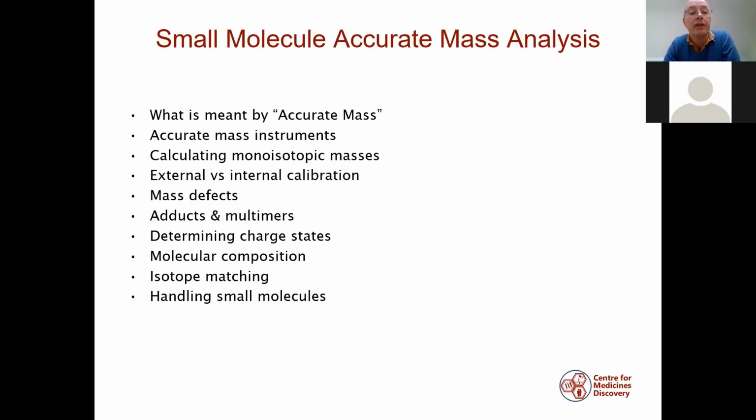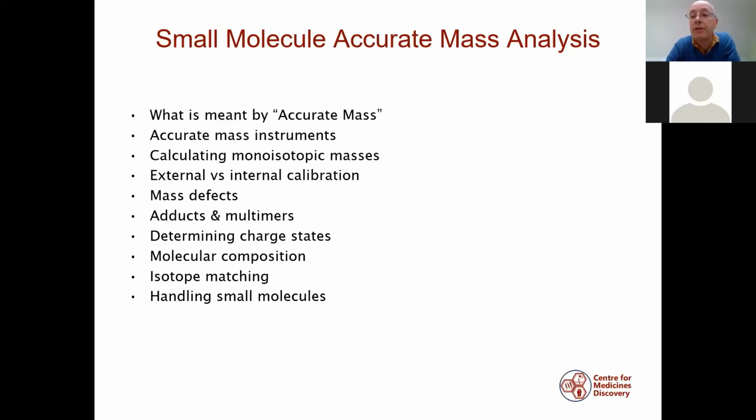So what we're going to cover today is what we actually mean by accurate mass. Mass spectrometry is kind of a branch of physics, and like anything in physics, the more you look at it, what appears to be simple turns out to be rather more complicated. We'll look at different types of accurate mass instruments, how we calculate monoisotopic mass, which is the measurement that will be of interest to chemists.